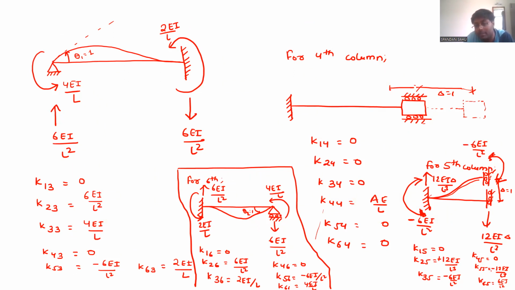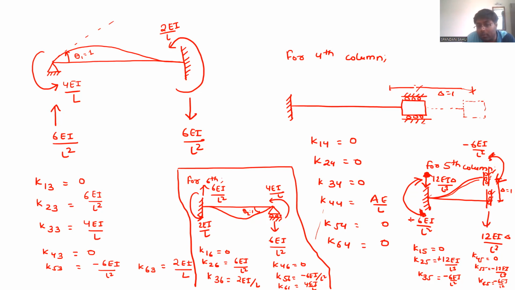So -6, -6. Now check this 6EI upon L square and 6EI upon L square is trying to rotate it in a clockwise direction. So those couples will come in an anti-clockwise direction. So this will be 12EI upon L square downward, and it is upward.